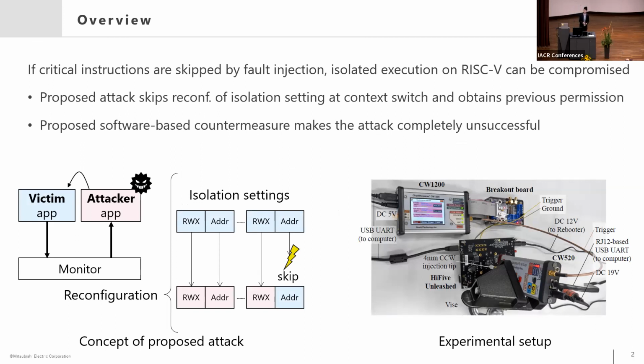Our proposed attack skips the reconfiguration of the isolation settings at context switch and obtains the previous permission like this. We also propose a software-based countermeasure that makes the attack completely unsuccessful.